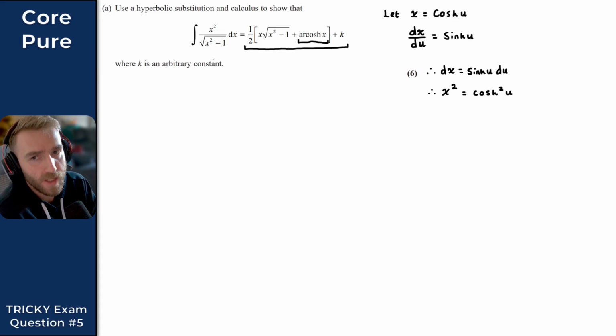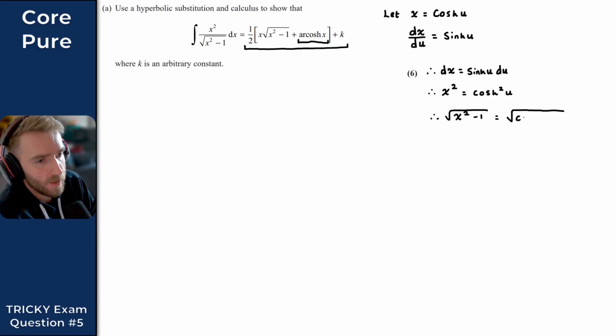And then what about the square root of x squared minus 1? If x squared is equal to cosh squared u, then we have the square root of cosh squared u minus 1.